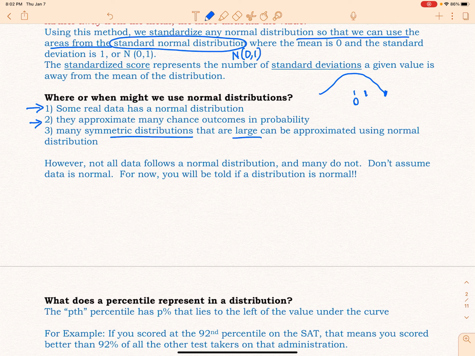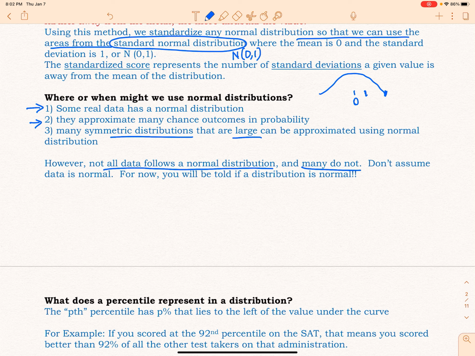Something that is really important, you really need to understand this idea: not all data follows a normal distribution, so you can't just assume that it is normal because you want it to be. In fact, the majority of data do not follow this nice symmetrical pattern. So please keep in mind that just because you want it to be normal doesn't mean it can be.